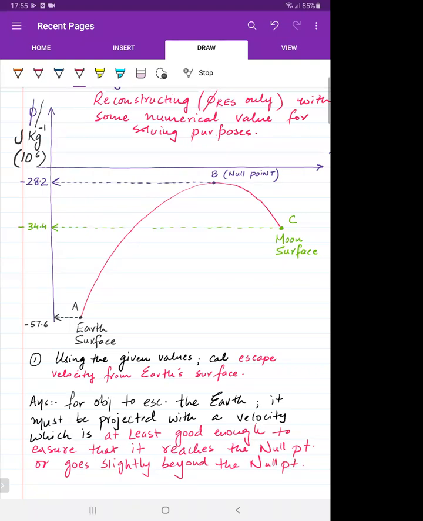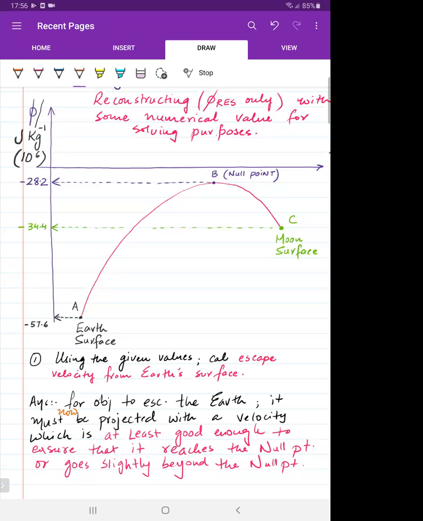If you guys are okay with this statement, for the object to escape the Earth, it must now be projected with a velocity, let me just include the word now, which is at least good enough to ensure that it reaches the null point or goes slightly beyond the null point.